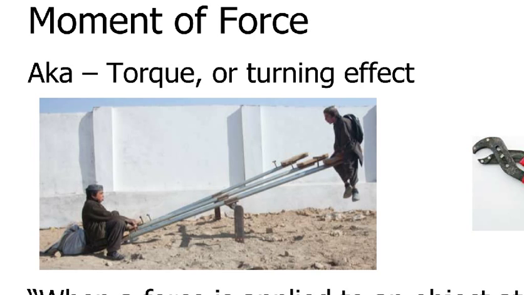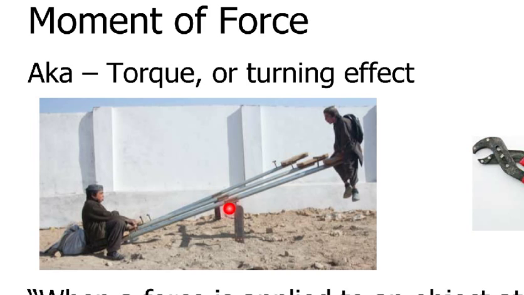This is what happens when you apply a force to an object and it's able to turn or pivot around some point. The example I have here is a couple of young men playing on what's called a seesaw or a teeter-totter.